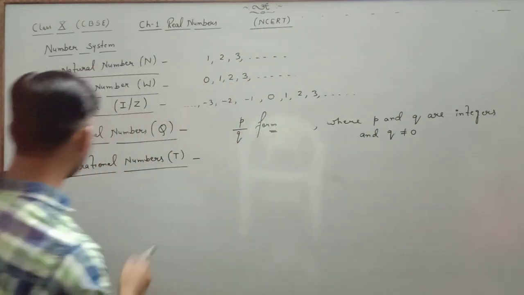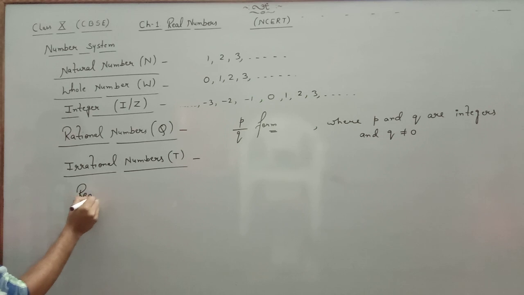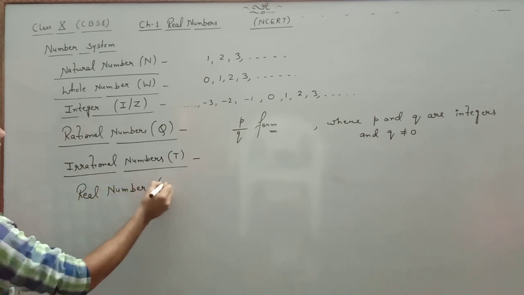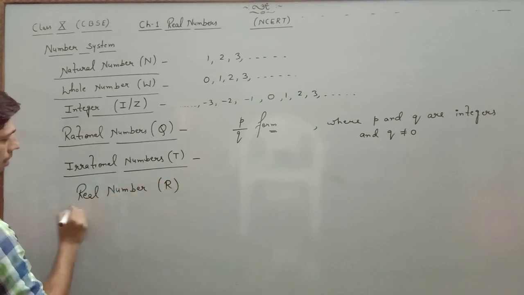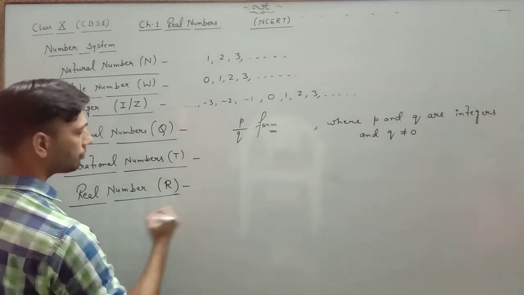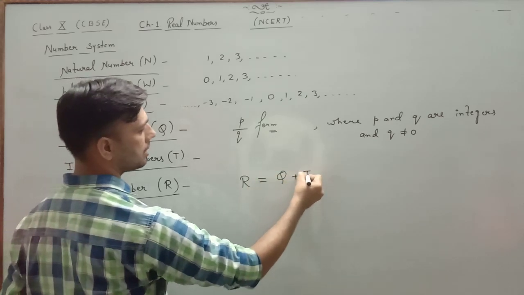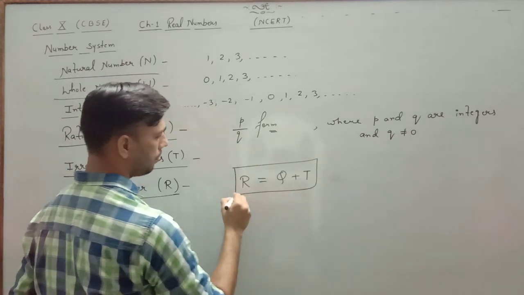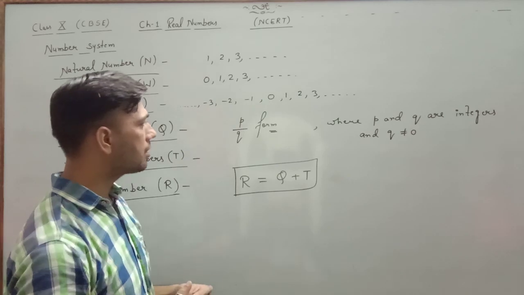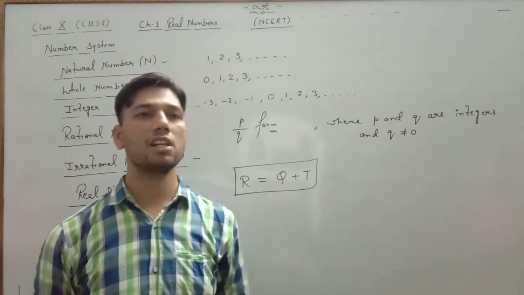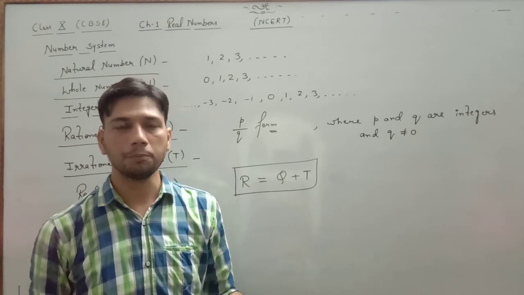Real number is represented by R. In short, we can say R is equal to Q plus T, means the combined form of rational and irrational is called real number. So real number is clear.